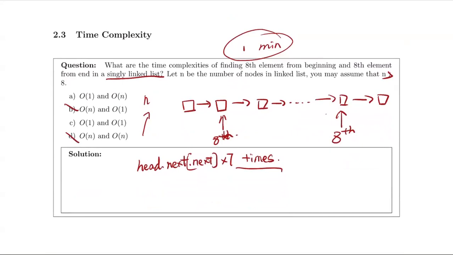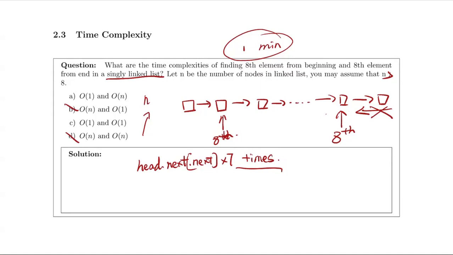And then if we want to get the eighth element from the rear, remember we are in a singly linked list. There's no way that we could go back. So to get the eighth element from the back, we actually need to go from the head and do point dot next n minus 7 times or 8 times.